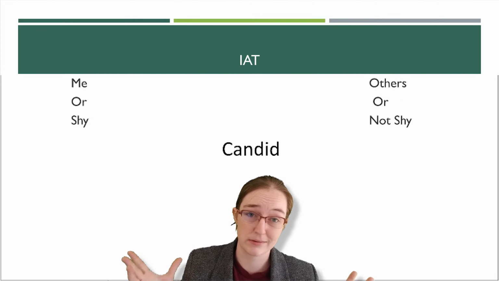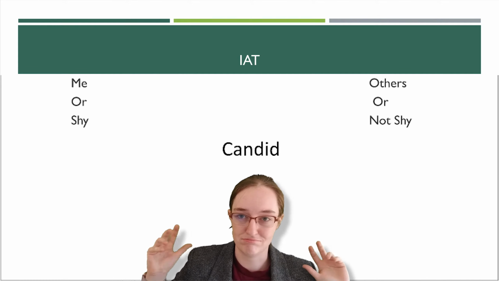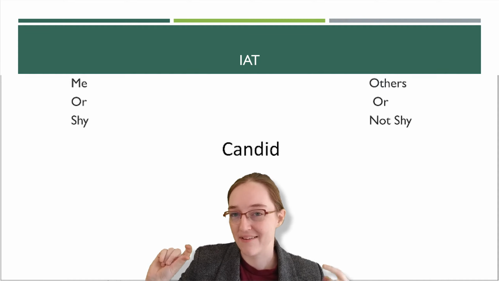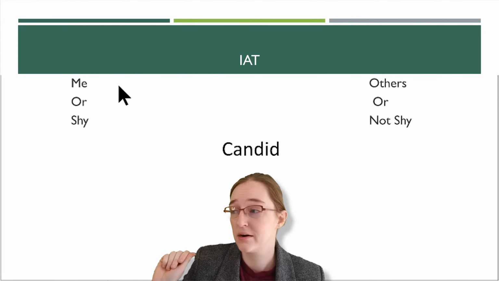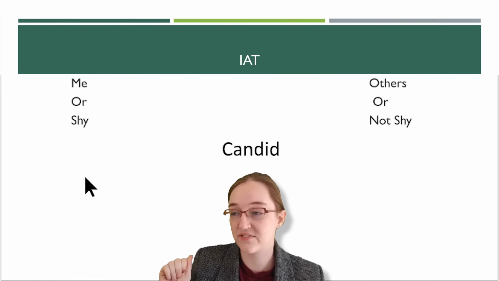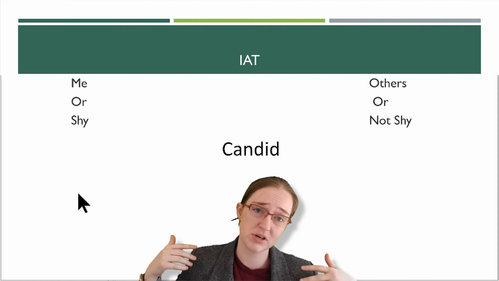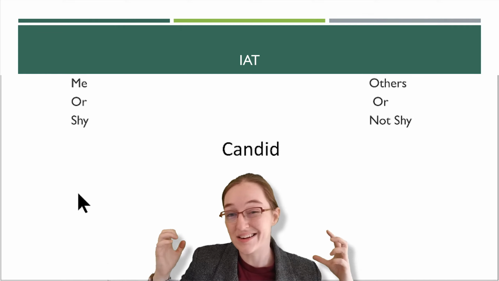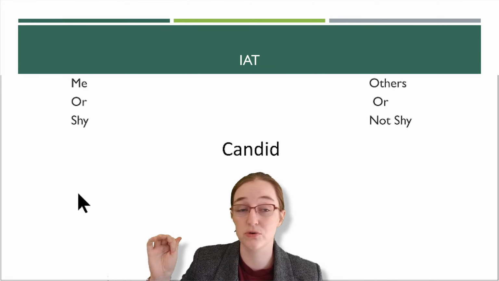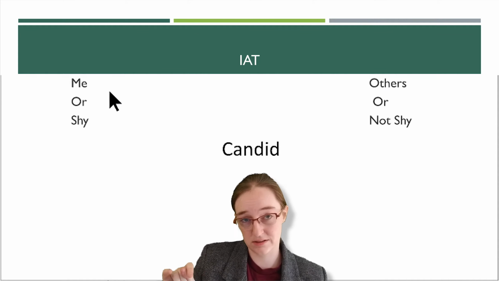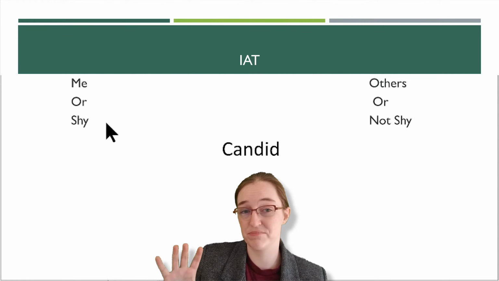Now, here's where the important actual measurement aspects are: you have these categories where the idea is that if you have a stronger implicit, almost subconscious association, it'll be easier for you to classify things that are congruent, so things that are consistent.